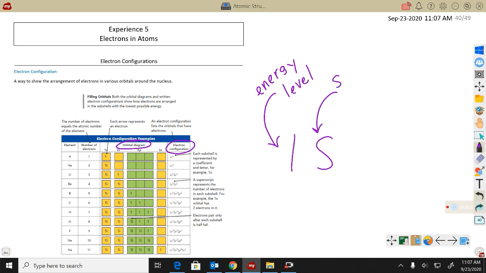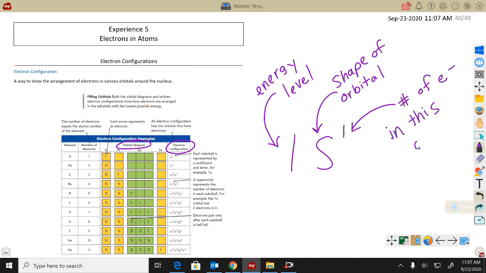That's referring to the shape of the orbital. And then finally you'll see a superscripted number. So if I see 1s1, that little superscript tells you the number of electrons in this orbital.